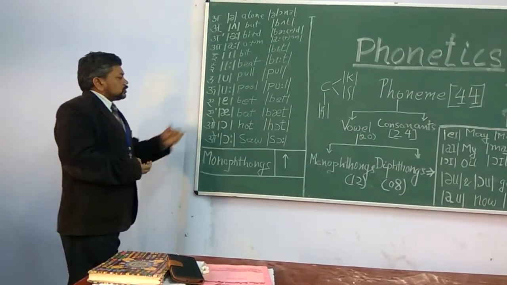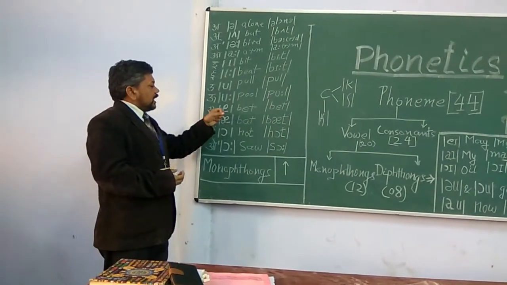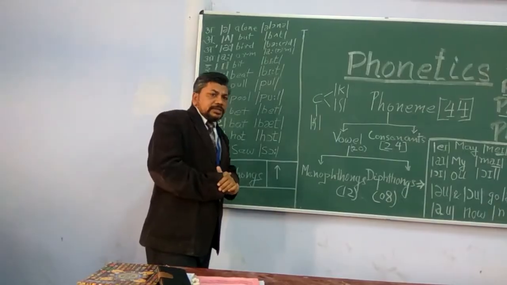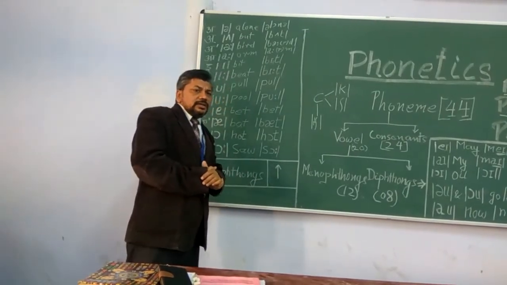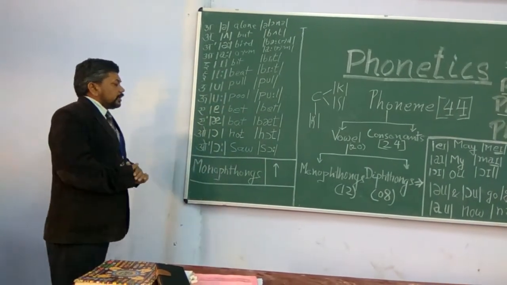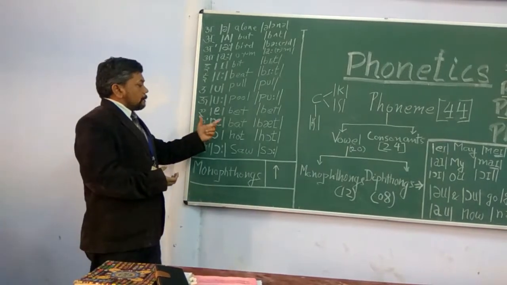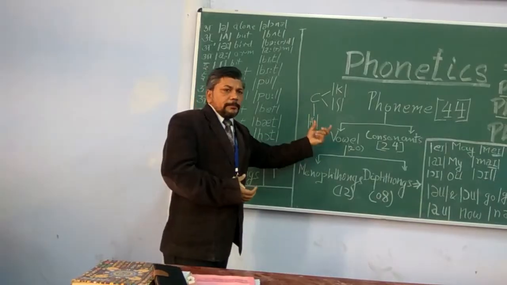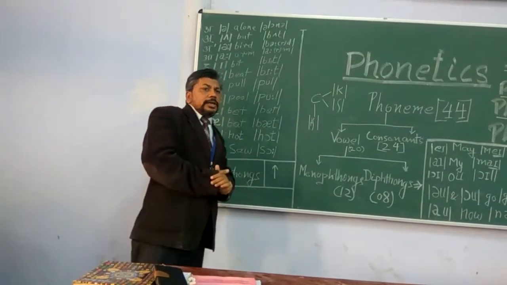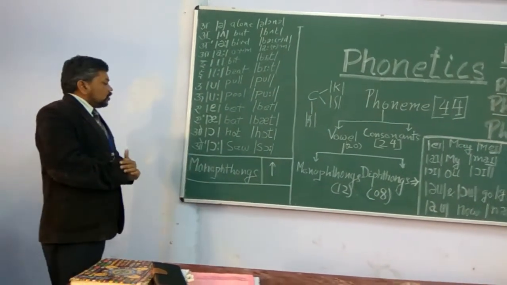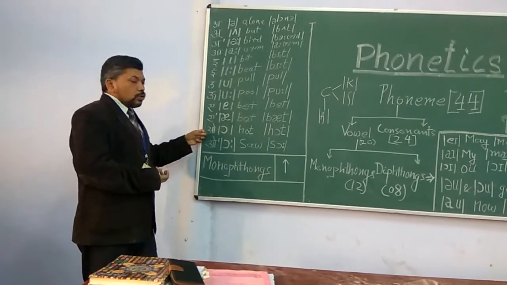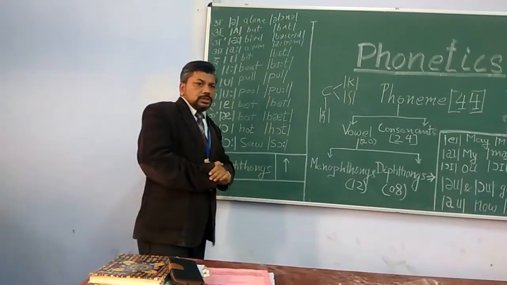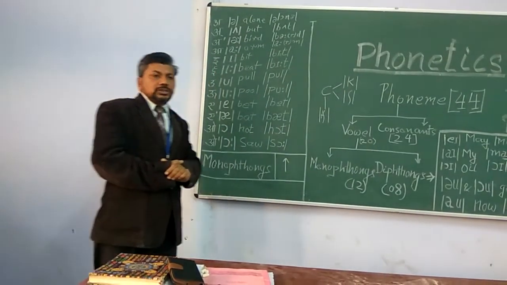Next sound is e, as in pet, met, set, and the next one is a, as in bat, cat, mat, and so on and so forth. Finally, moving to the sound o, as in coat, and then sport.